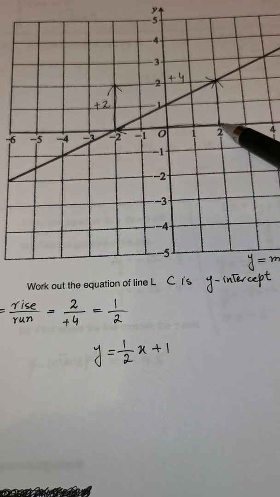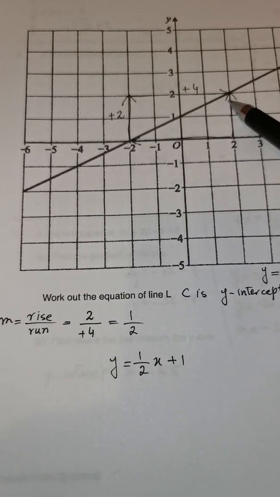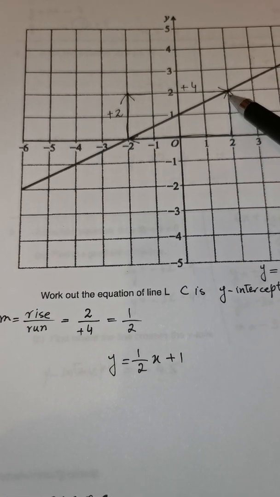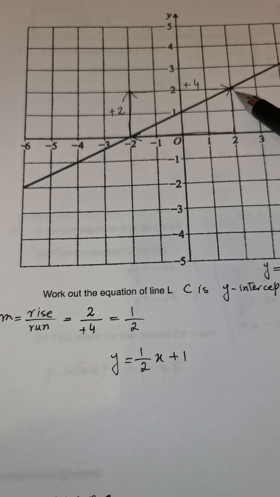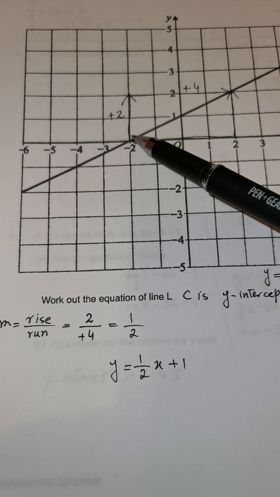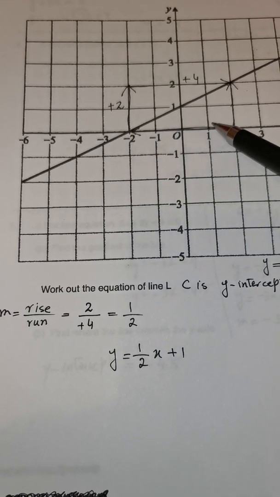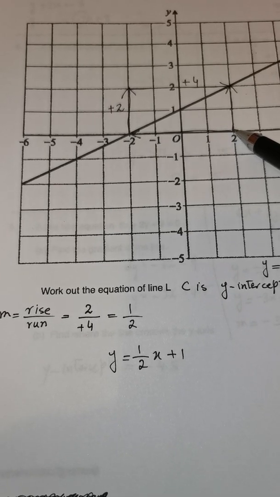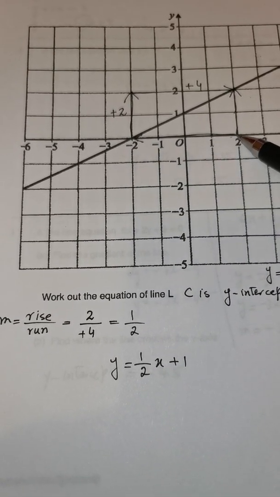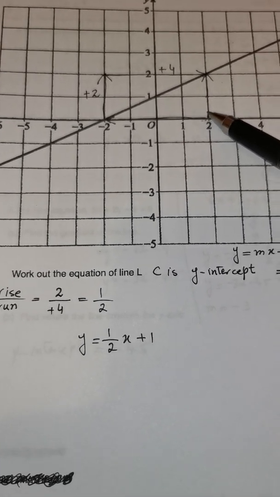In this case you will see our rise is 2 steps along the y-axis, so y will be 2, and along the x-axis we are going 1, 2, 3 and 4 steps, right? So our x will be +4, right?